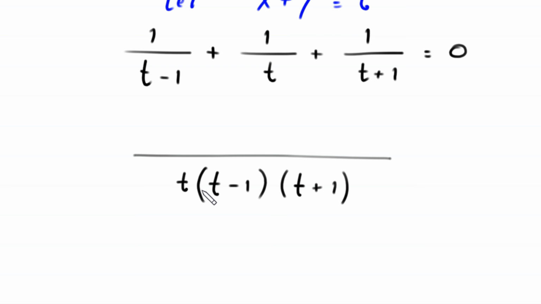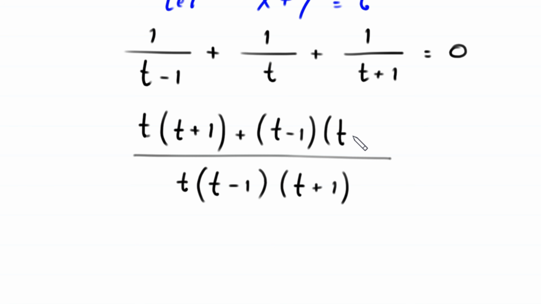When we divide this LCM by this t minus 1, we get t times t plus 1, plus when we divide this LCM by t, we get t minus 1 times t plus 1, plus when we divide this LCM by t plus 1, we get t times t minus 1, equal to 0.